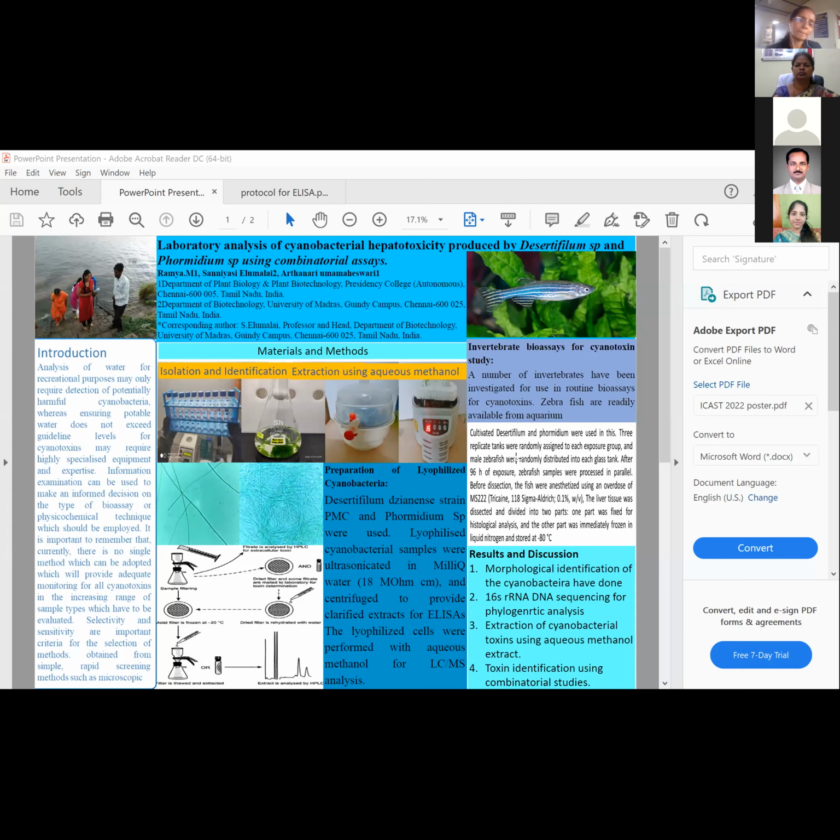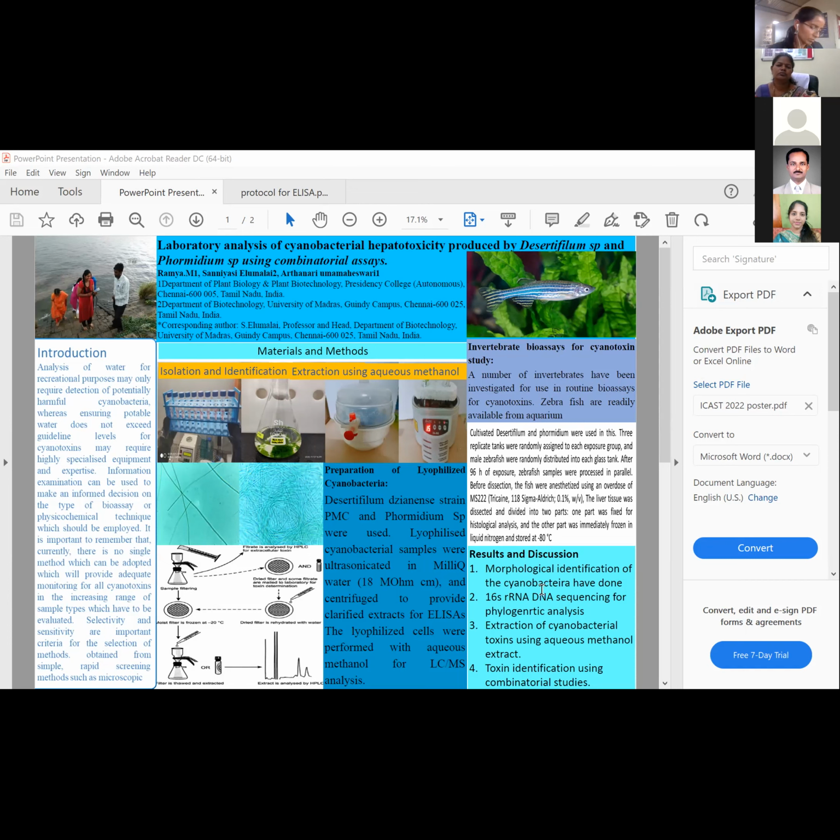After species identification, I am going to work with the cell line. The cell line work is under process, and the MTT cytotoxicity assay is being carried out, and the microcystin analysis is yet to be done. These are all the bioassays used for cyanobacterial toxin analysis, especially from places where the water is used for drinking.